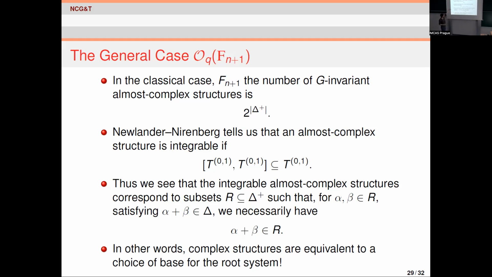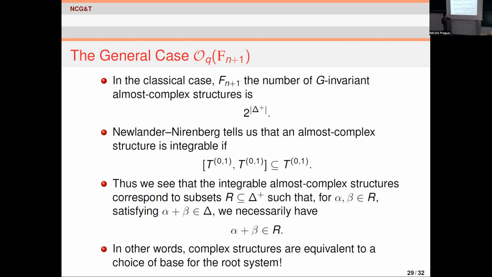That condition actually turns out to be the same thing as asking for a subset of roots of your root system such that for any two roots in your subset whose sum is still in the root system, we necessarily have that this sum is in the subset.